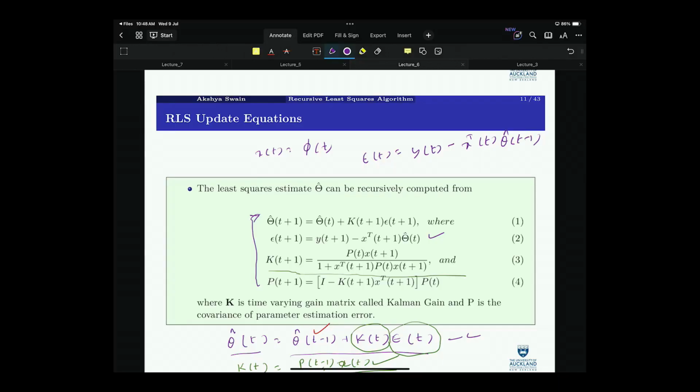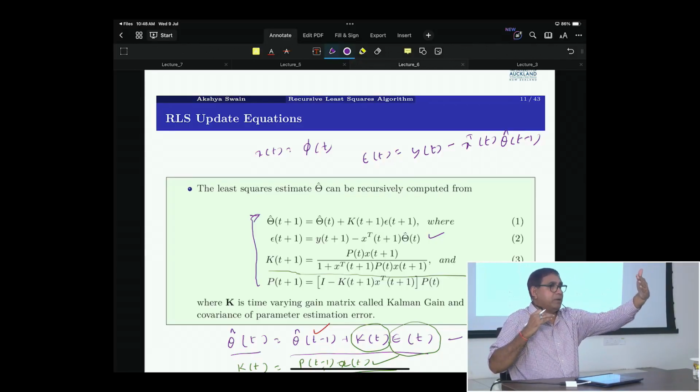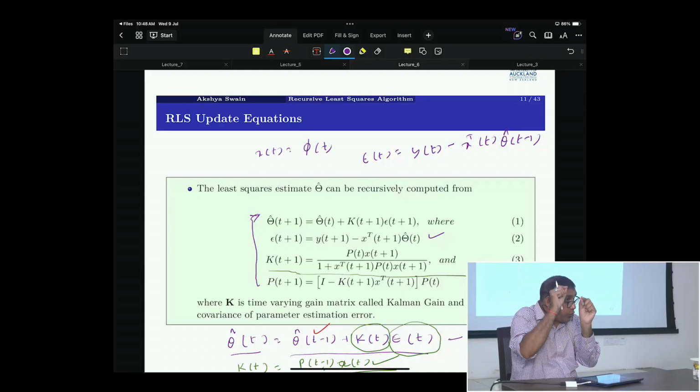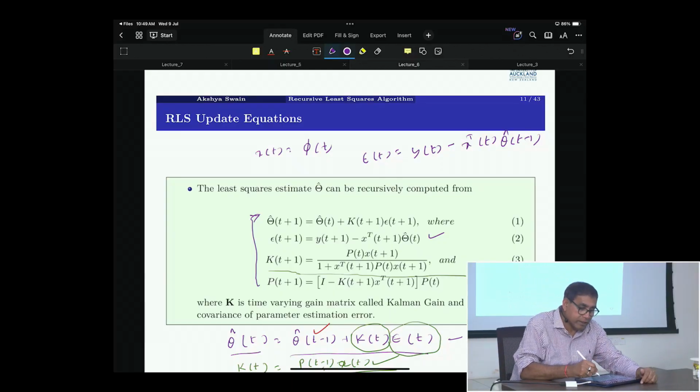In recursive computation, when a set of equations has to be solved, you have to first identify which one has to be computed first. There are 4 equations. Which one has to be computed first? In this case, this one cannot be computed first because it requires kt plus 1, and kt plus 1 is the third equation, right? So first you compute this one.